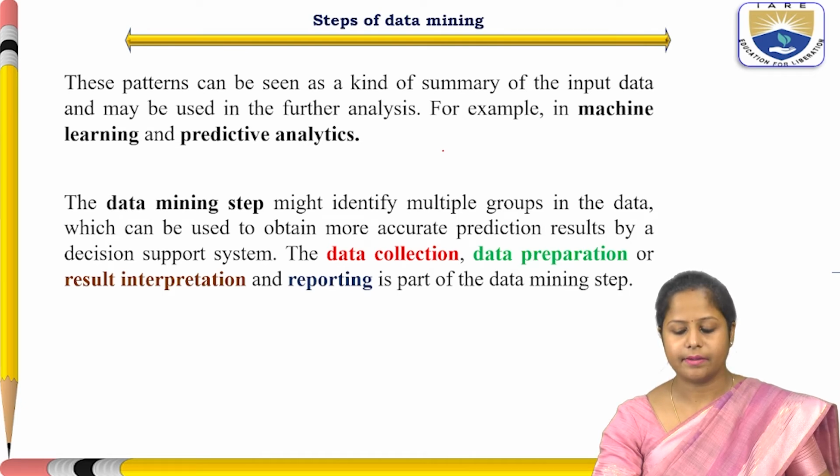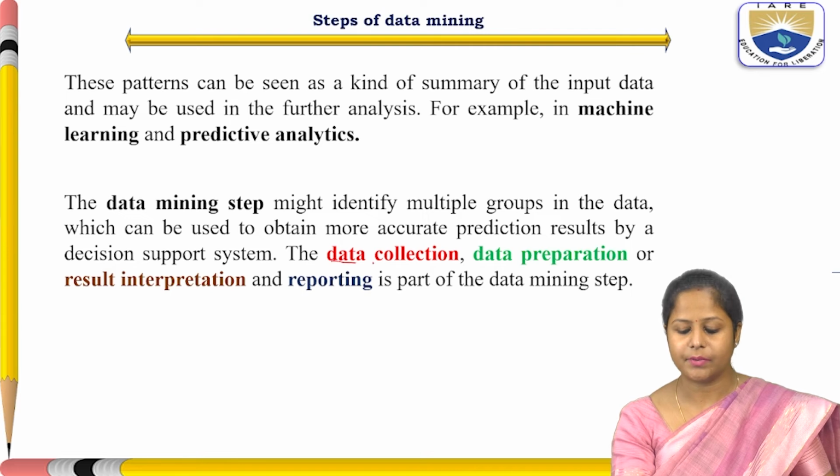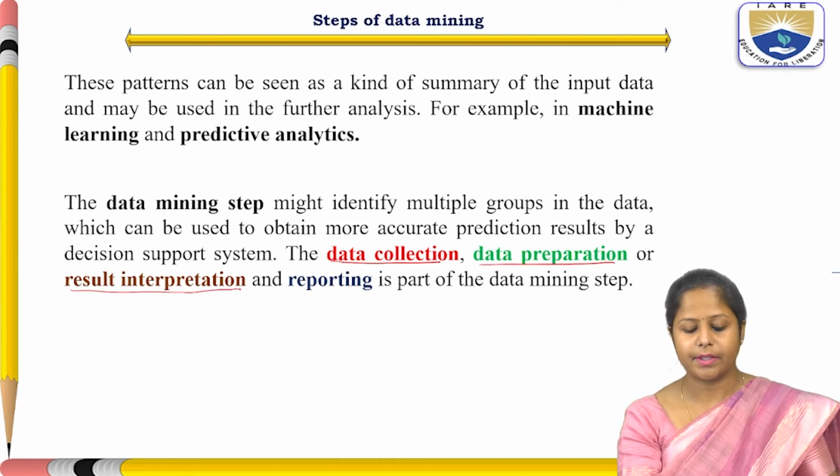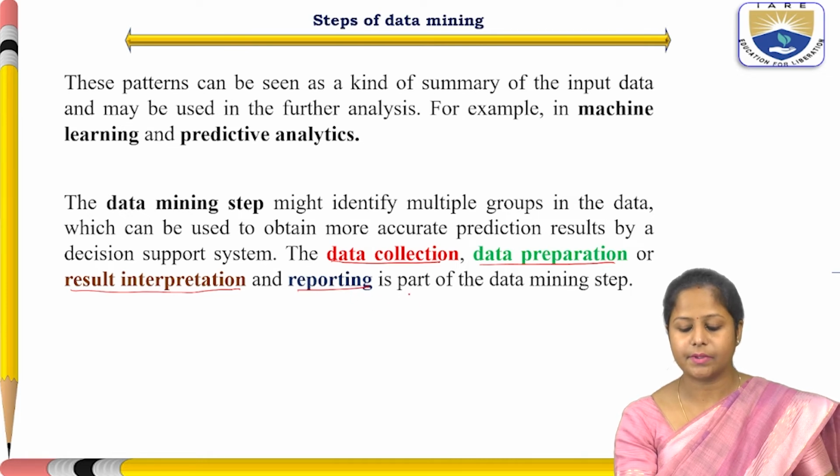The data collection, data preparation, and result interpretation and reporting are part of the data mining steps. So these are the few steps: data collection, data preparation, data interpretation, and reporting. These are the three steps that come under the data mining steps.